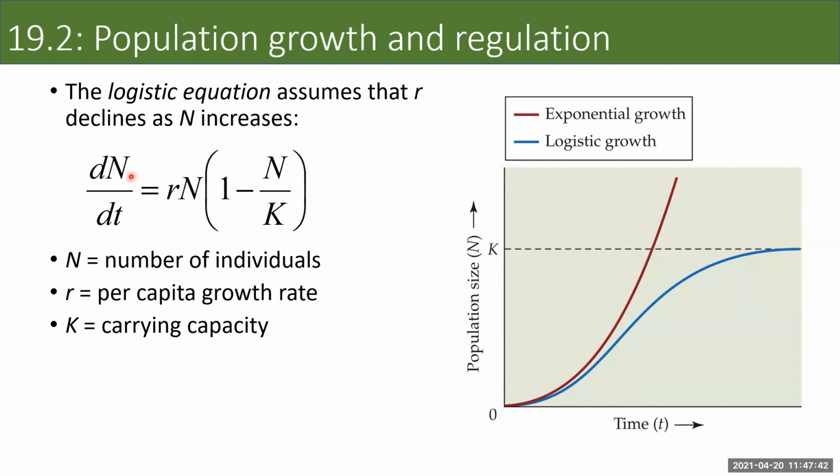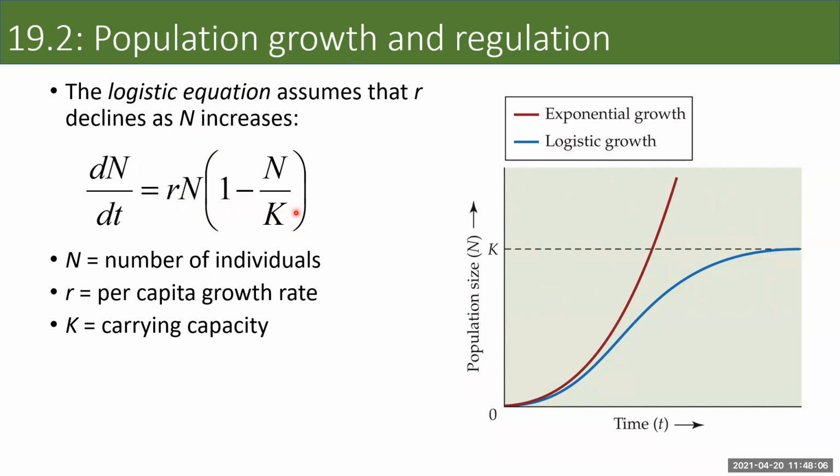Now, this logistic growth equation is just a modification of the exponential equation. So remember, R times N is that exponential growth equation. All we're doing is we're saying, okay, let's modify this exponential growth based off of a carrying capacity. Okay.